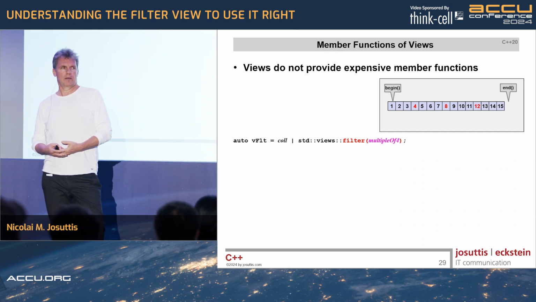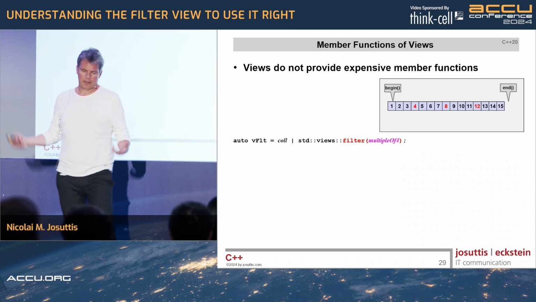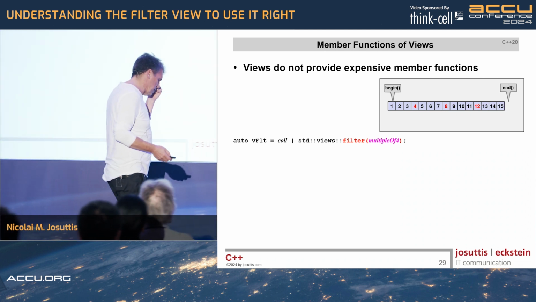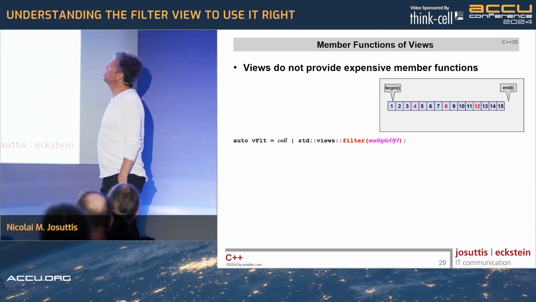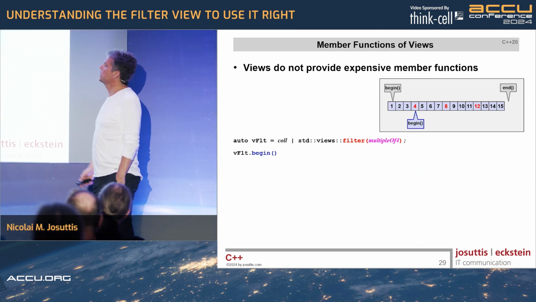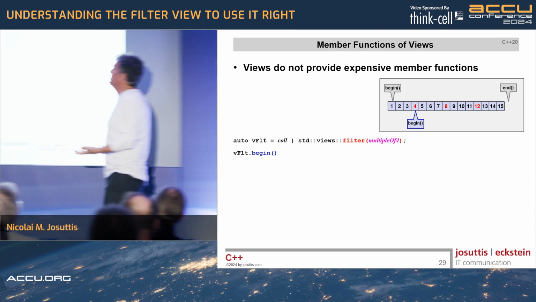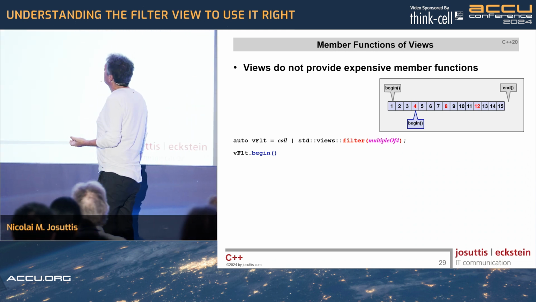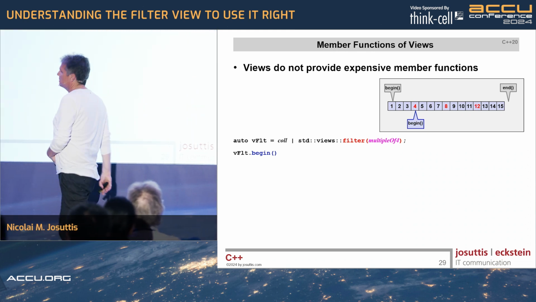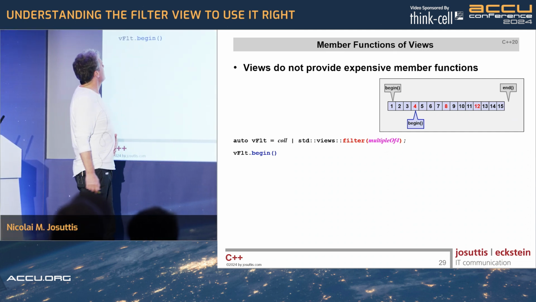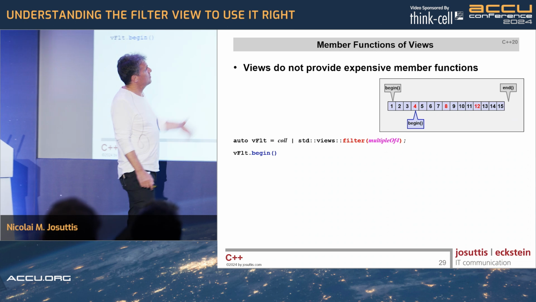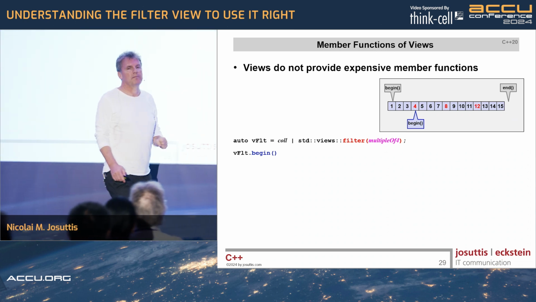At least we want to protect you a little bit from doing that accidentally or without thinking about it. So the same idea comes in when we deal with the design of views and here of the filter view. So the question is, how expensive is begin? So think about we want to have the multiples of 4. Well, we can see what this means. Begin might be as expensive in a way that we have to iterate through some elements.